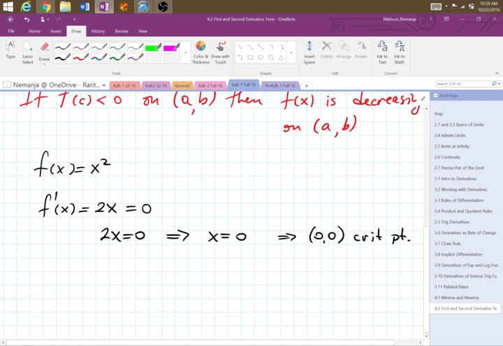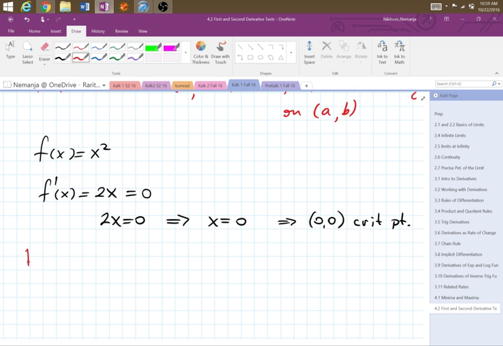Now, first derivative test. I am going to draw a number line and place on that number line critical number 0.